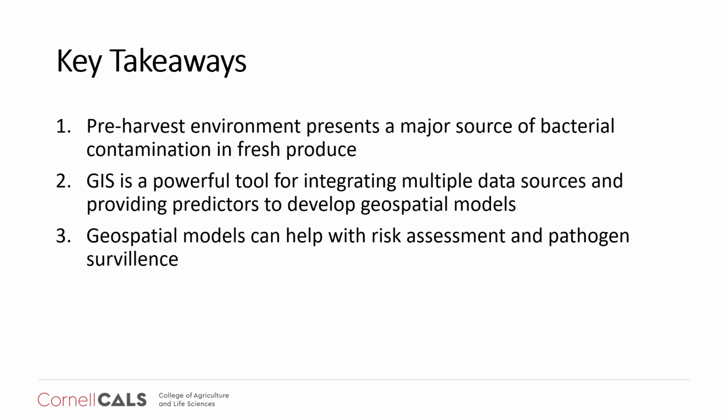It is also a great tool for visualizing pathogen prevalence in different locations in the field or farm. Lastly, geospatial models such as classification and regression trees can help with risk management and assessment, as well as pathogen surveillance that will help us to continue managing the risk levels in our farms given different conditions.